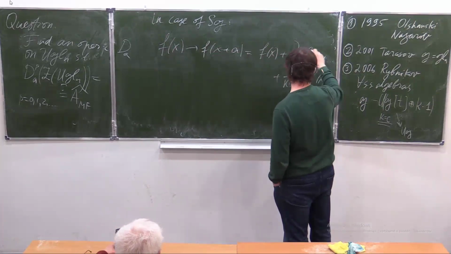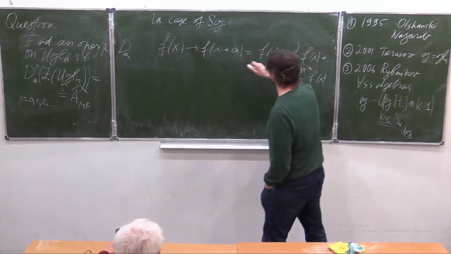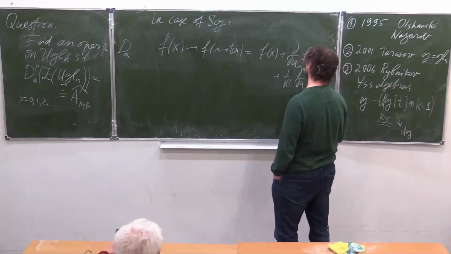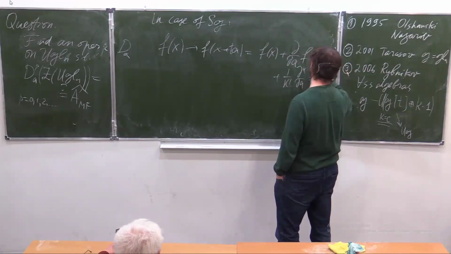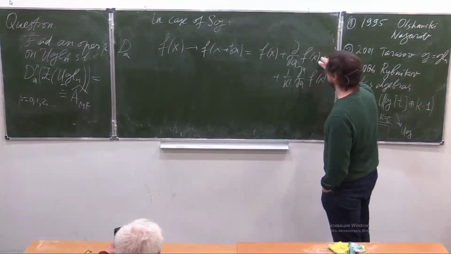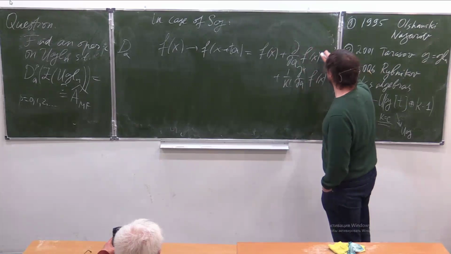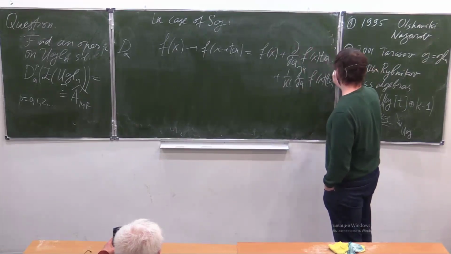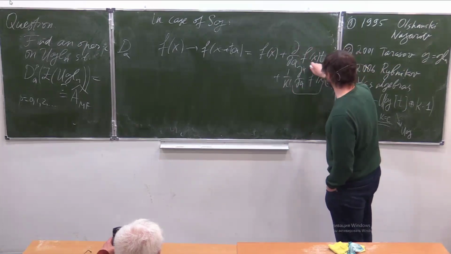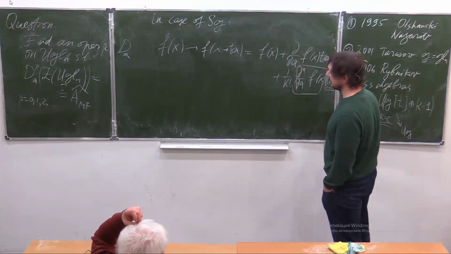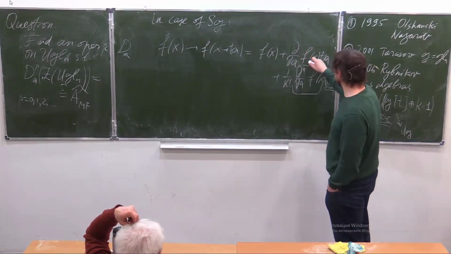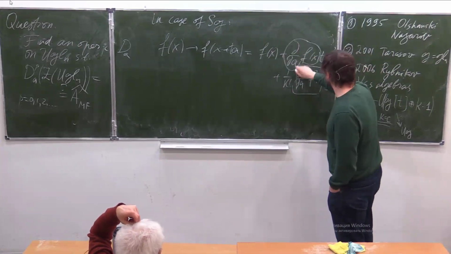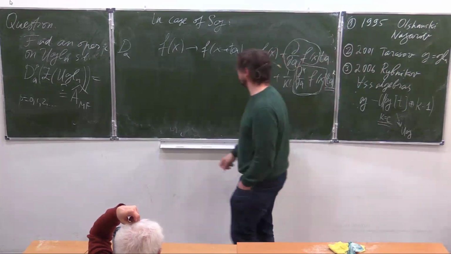And probably you need to put T here, so T to the power k. These coefficients are constants, so you can actually forget about them. But these coefficients, they are commutative elements in SG.